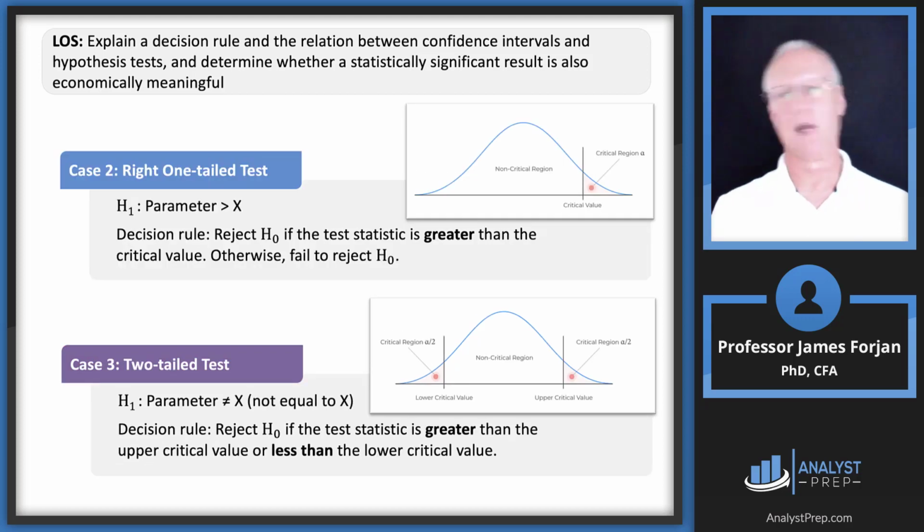We can do the same thing over to the right, a right one-tailed test. If the parameter is greater than some value x, we do the same thing, but we're looking over on the right-hand side of that normal distribution.